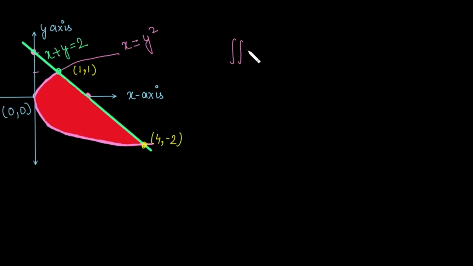Now, before finding the value of this area, let's observe what the limits are in this case. To take the limit first with respect to y, then with respect to x, again we need to repeat the same procedure. We will take a line parallel to the y-axis passing through this region in increasing order. So I have taken 3 lines over here passing through this region parallel to the y-axis. As per this, you can observe the entering curve is always a parabola, whereas the exit curve is different.